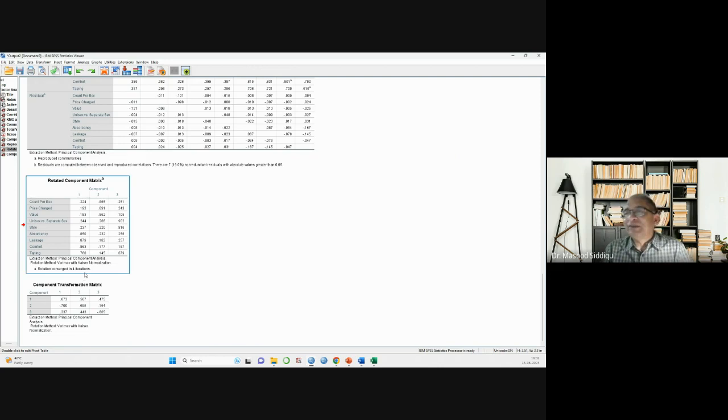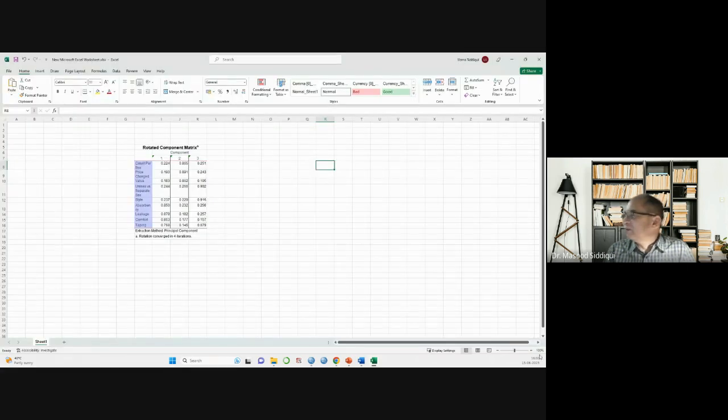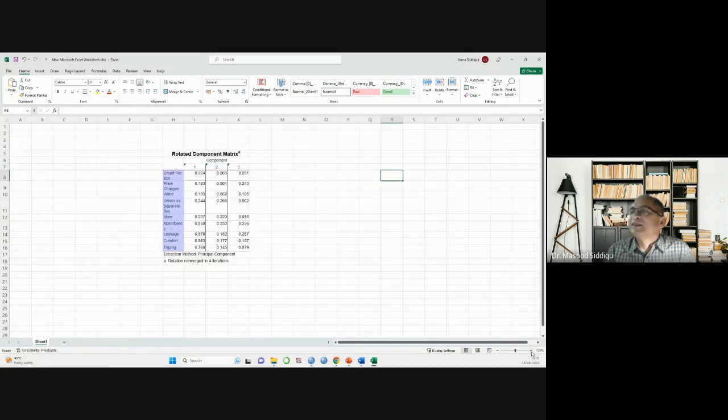That means the mathematical part can be ignored. So kindly take a screenshot of this, though I am placing this on my table. Okay. Now, this is the solution. This is the rotated component matrix.